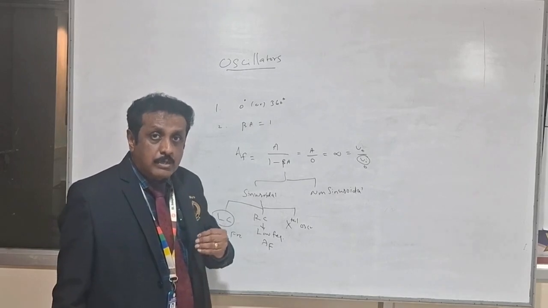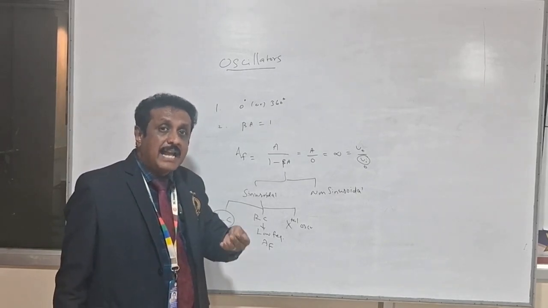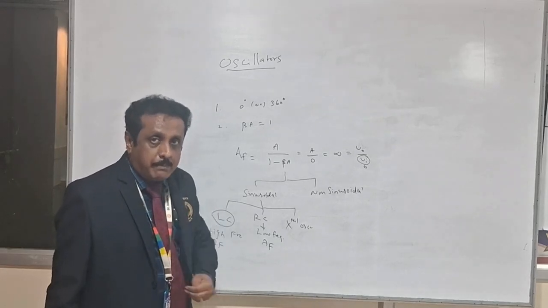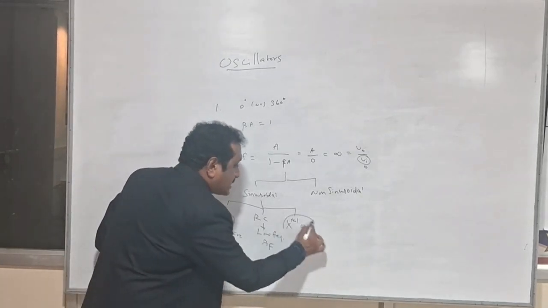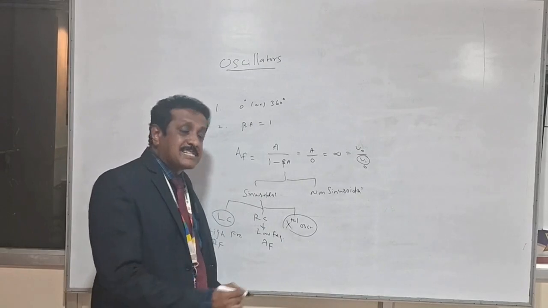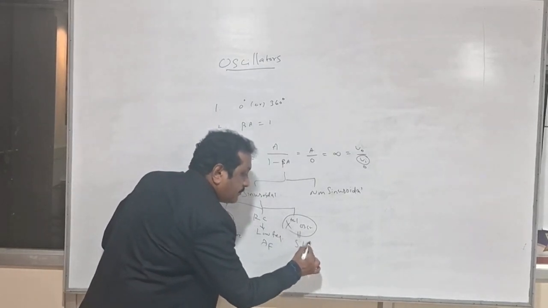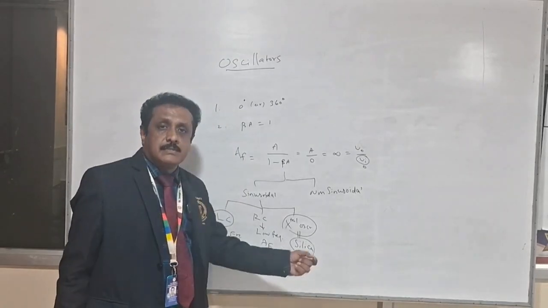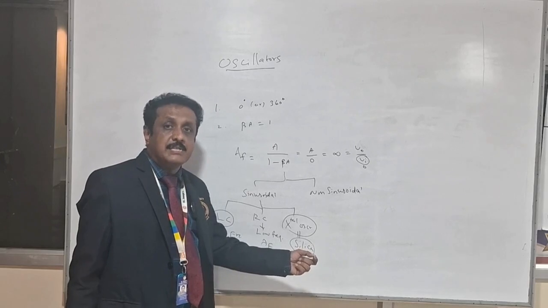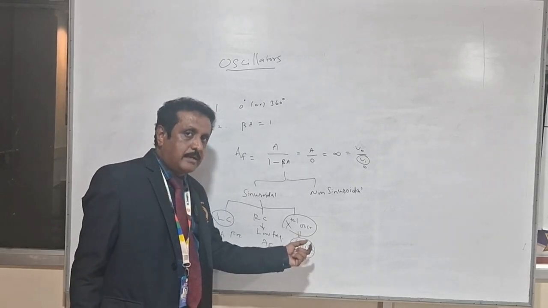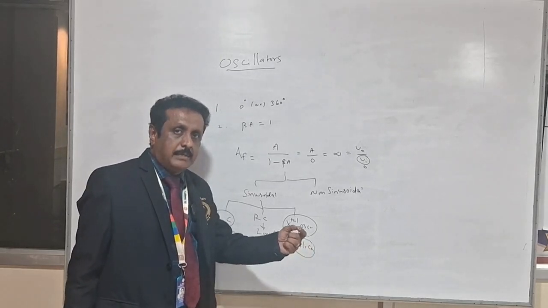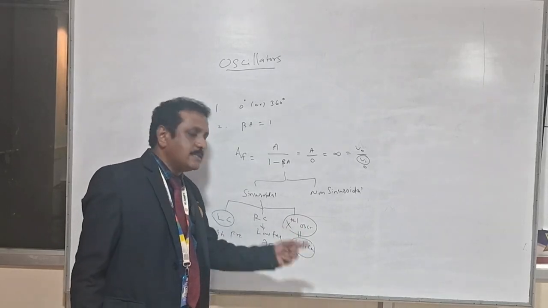If you want to generate highly stable output, that is possible only with the use of a crystal oscillator. Here the crystal is made up of silica, because it is very cheap and easily available, so one of the key ingredients of the crystal is silica.